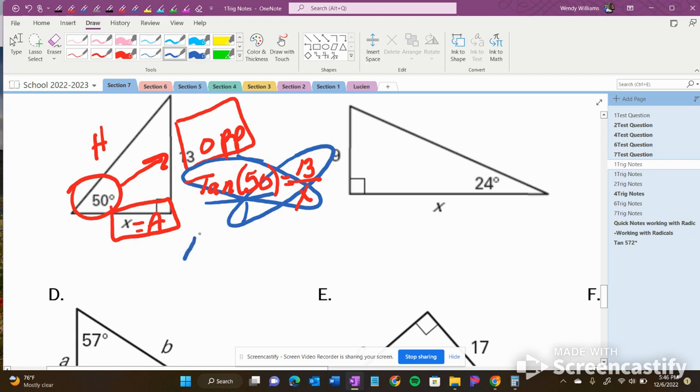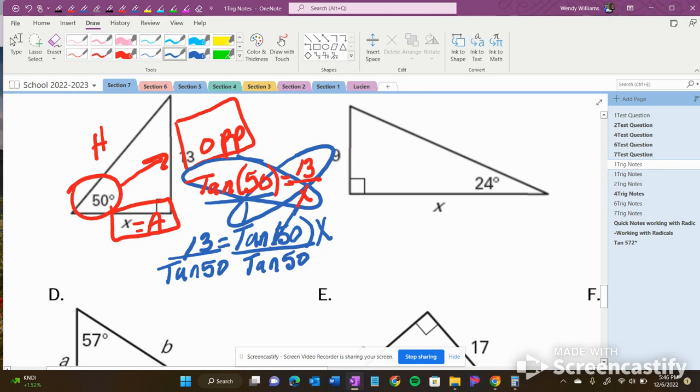1 times 13 is 13. And this is tangent of 50 degrees times x. To get the x alone, we divide both sides by tangent of 50 degrees. These cancel out. We get x. And this is just a number. Here we go.